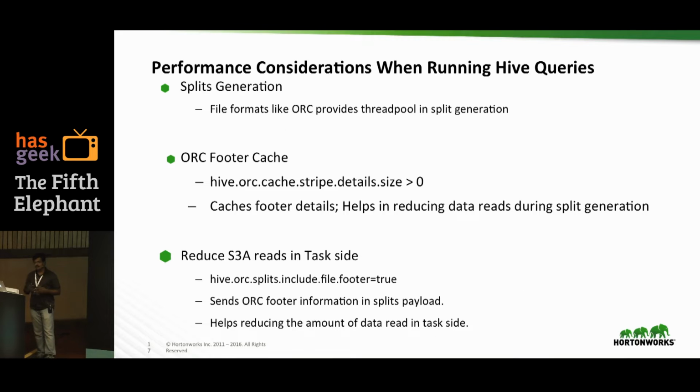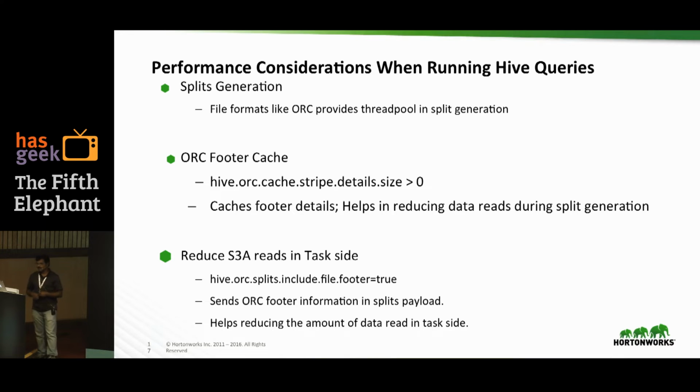So in terms of other performance considerations, if you look at the way that the Hive queries work, the moment you submit the query, the first and foremost thing that's going to happen is the split generation. And if you have lots of data to be processed, the split generation itself might take a lot of time.